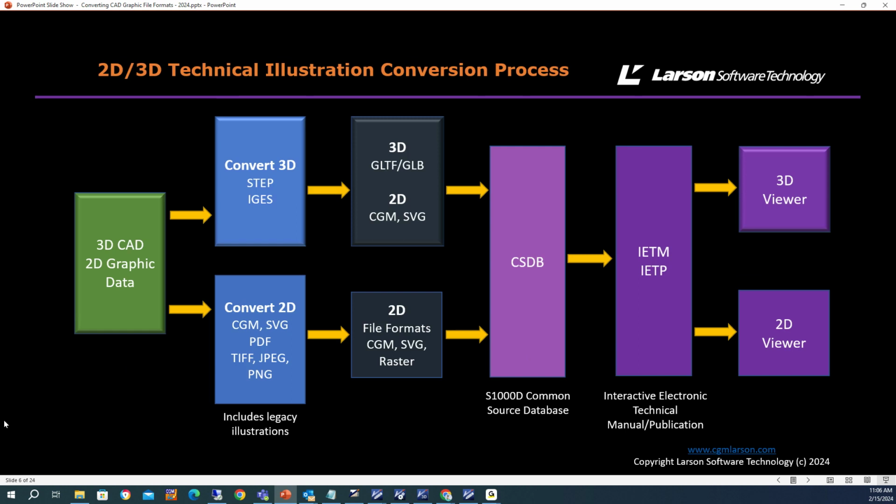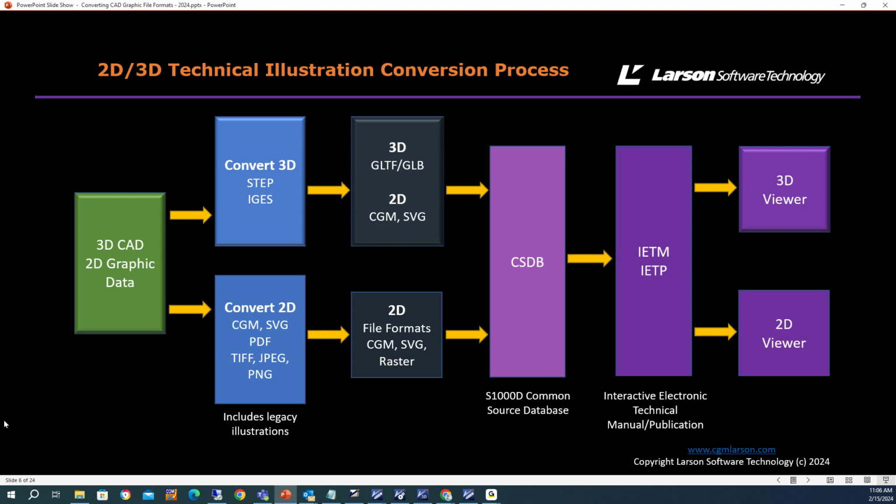So we see this really as the process. You probably have a 3D CAD graphic or a 2D graphic that you need to change into another format. On the 3D side, you're probably going to import something like a STEP or an IGES file from the 3D CAD system, and convert that to another 3D format like GLTF, to put into an IETM, or add value to it with annotations or animations.